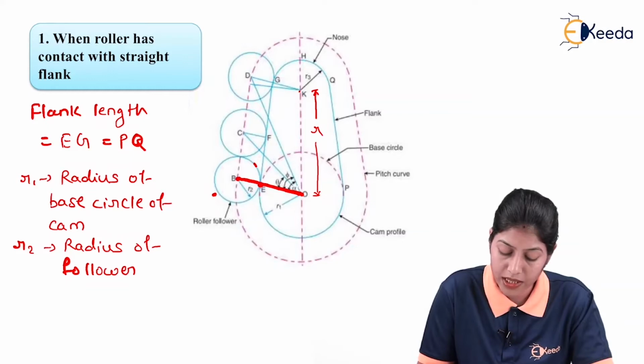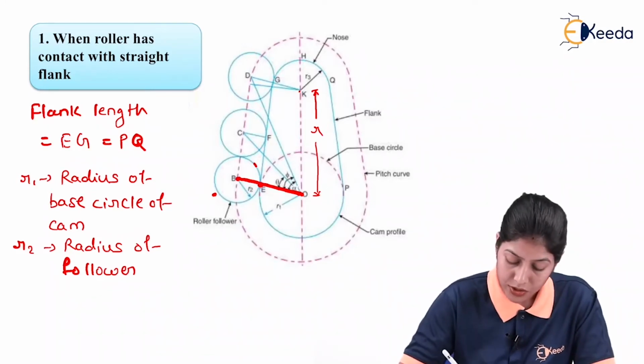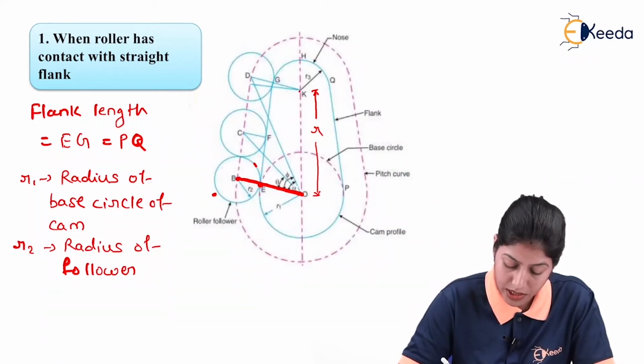Now, if we define the rotation of the cam from this initial position, there are three rotations, or three angles, we are considering. They are defined by alpha, phi and theta.